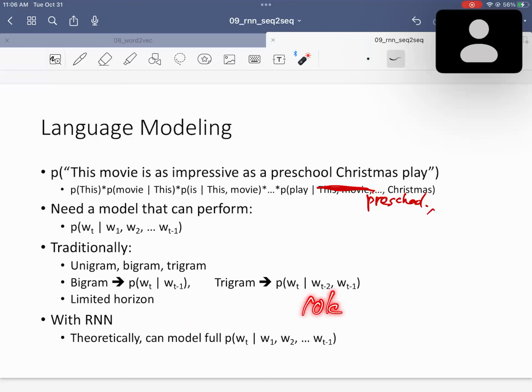So it's 10,000 times 10,000 times 10,000, like a cube of the size of the vocab. So there's obviously a trade-off. As you increase the number of parameters, the training samples for each probability will decrease, and it's just like the curse of dimensionality.